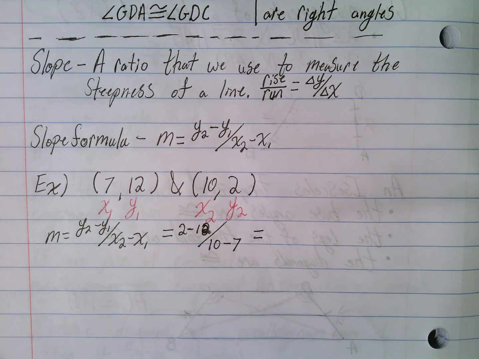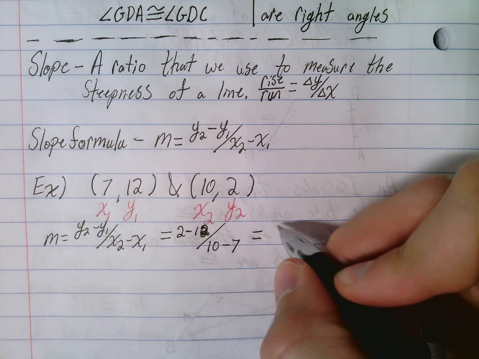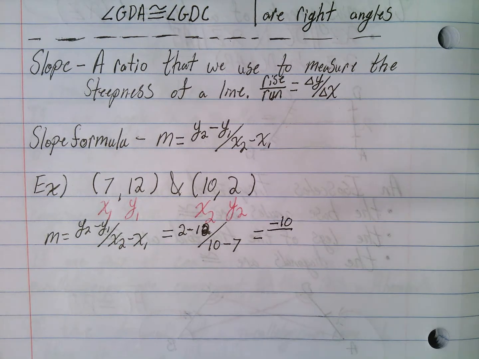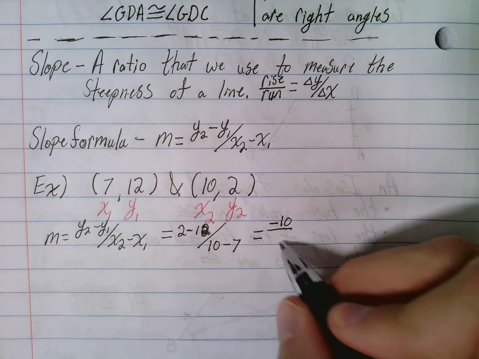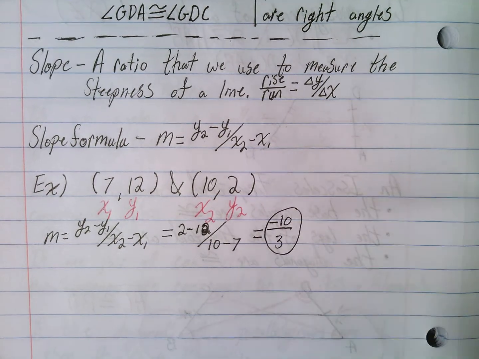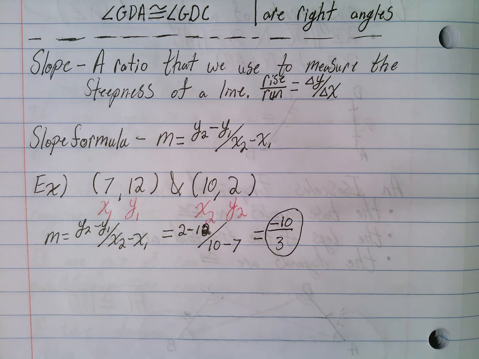What is 2 minus 12? Negative 10. What is 10 minus 7? 3. There's our slope. Okay, I can't reduce it. If you can reduce it, you should reduce it, but that's as far as you can go.